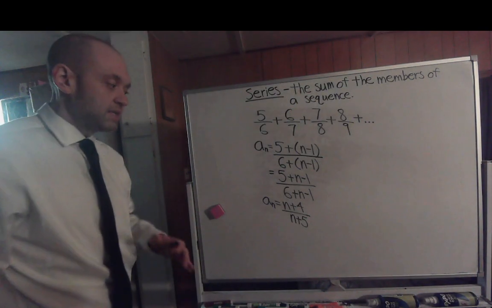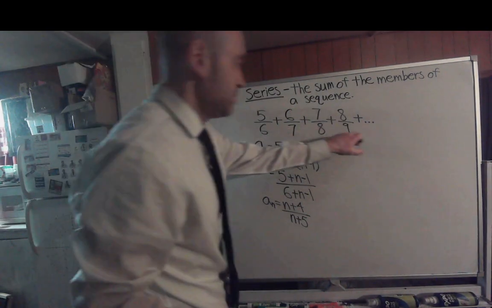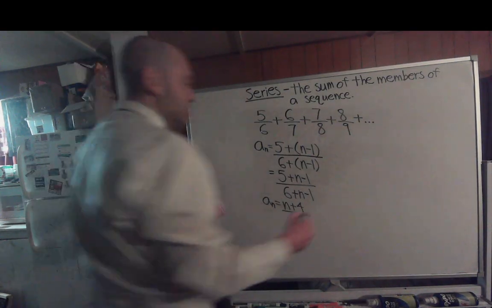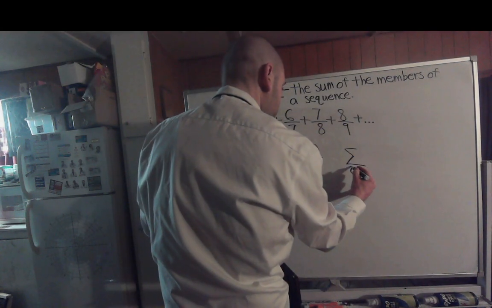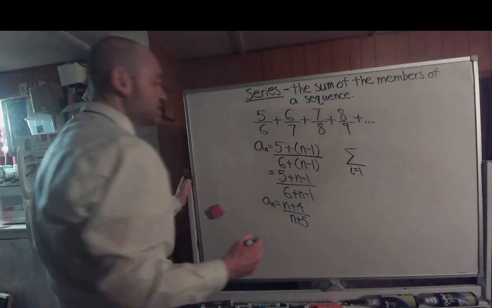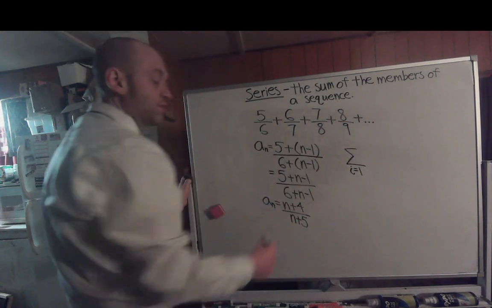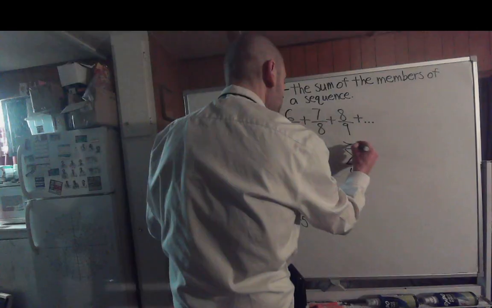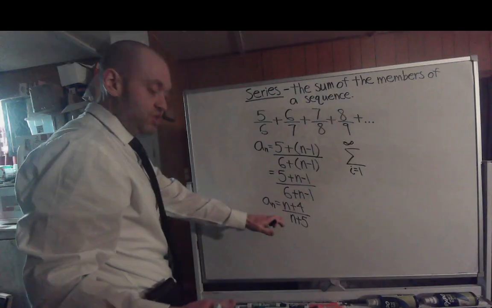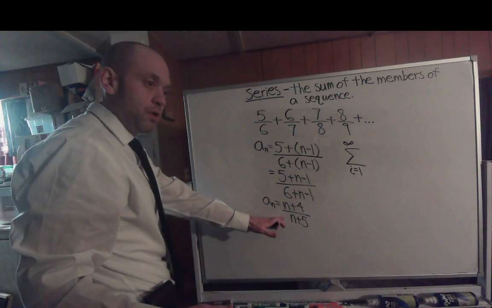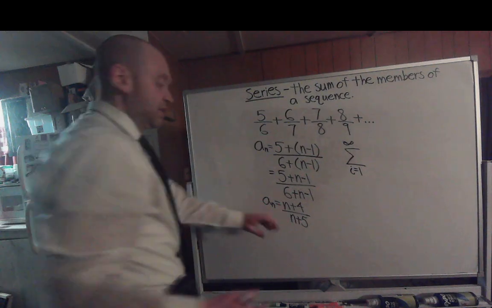Now last but not least, we need to convert these to summation notation. So get your sigma. Again, i equals 1. We're going to start there for the first number. Now this series continues forever, so infinity will be your upper limit of summation. And then last but not least, you put in your formula for what your sequence was.